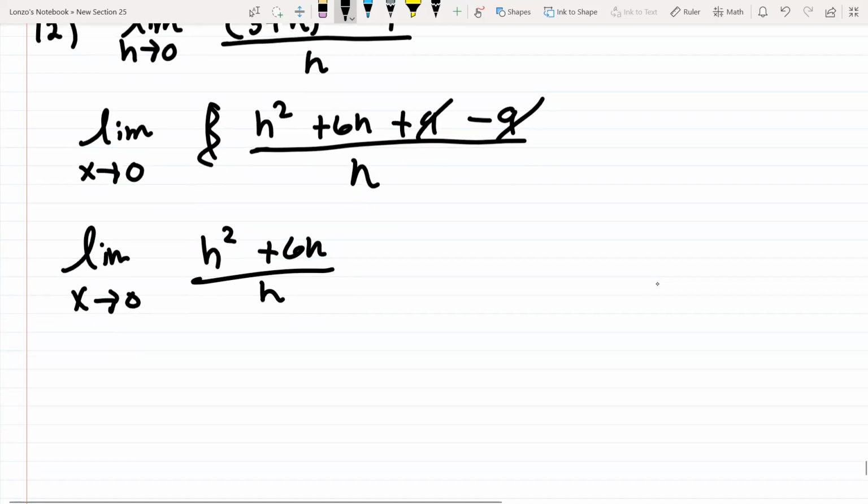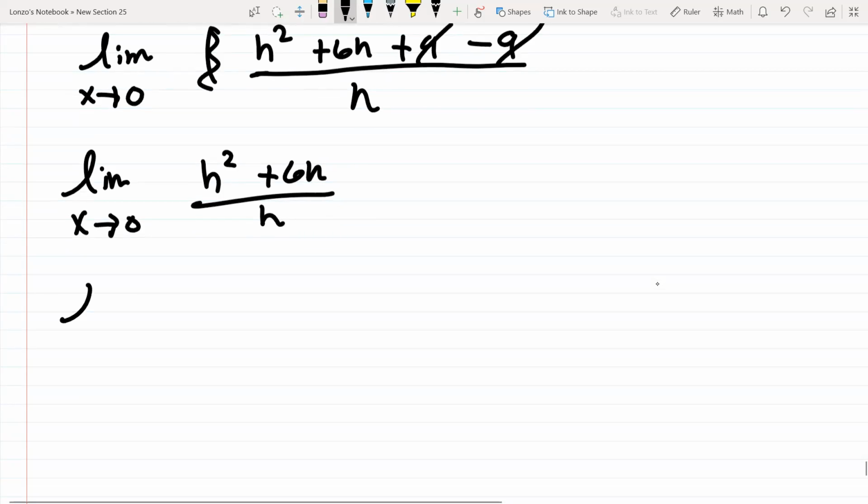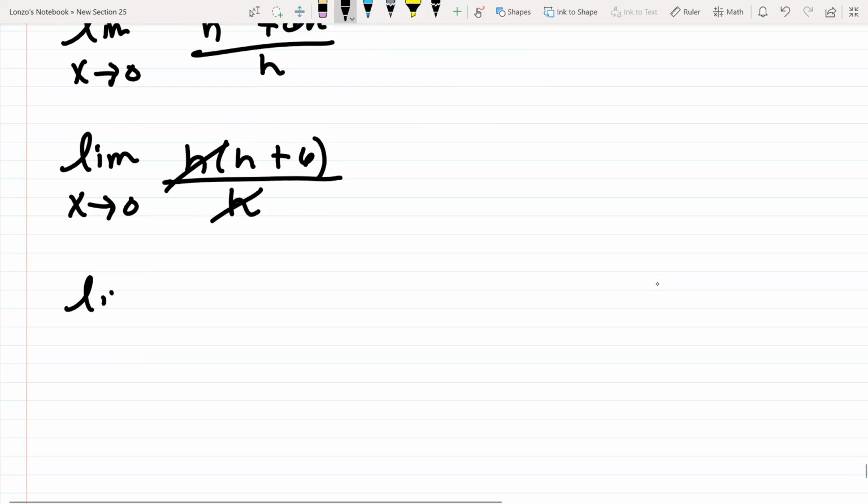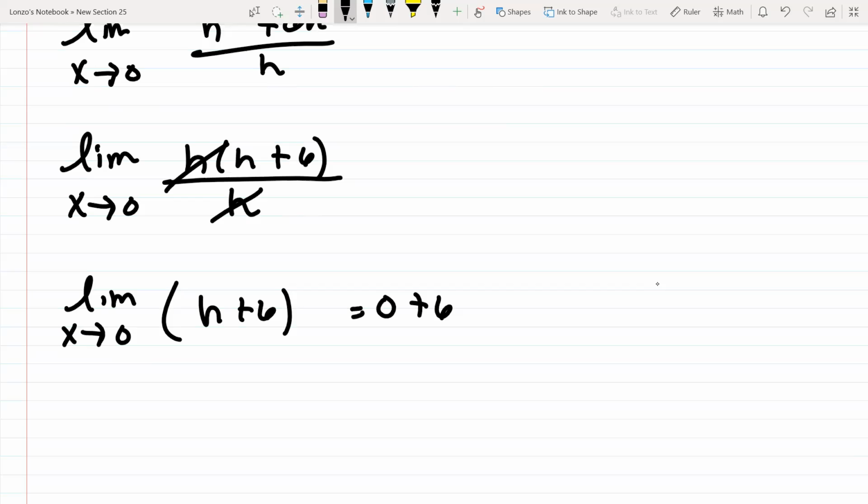And then you could actually take out an h, so that would be the limit of h times (h plus 6) all over h. And then the h cancels, so you're just left with the limit as h approaches 0 of h plus 6. When you plug in 0 for h, that's just 0 plus 6, which gives you 6.